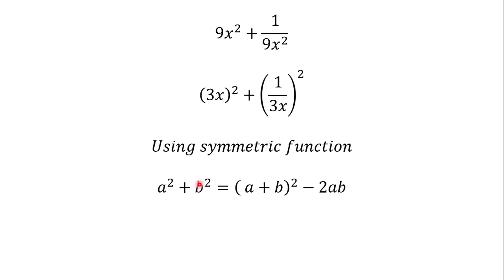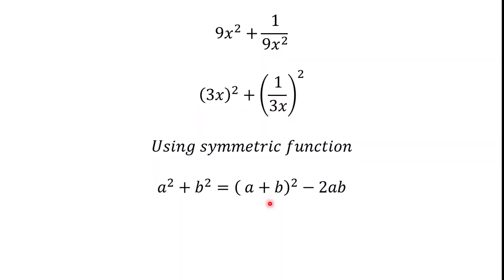Here we are having b, so we assume this one is b, but there's a 2 here, there's also 2 here. That means we can rewrite this one using this approach. So we are going to assume that a is this one, and b is this one.